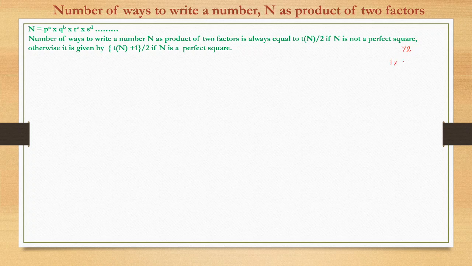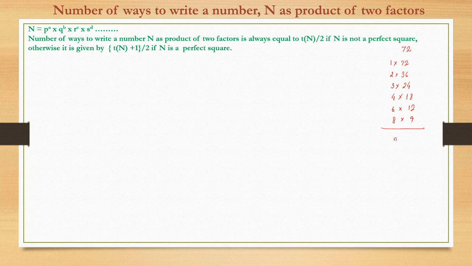We start by writing 1 into 72, 2 into 36, 3 into 24, 4 into 18, 5 will not divide, 6 into 12, then 8 into 9, and so forth.